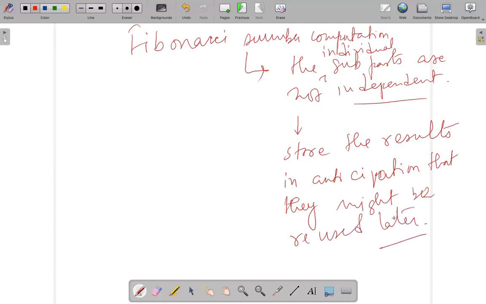Okay, so this is the basic difference between the divide and conquer type of algorithms and this paradigm of solving problems, which is also termed as dynamic programming.